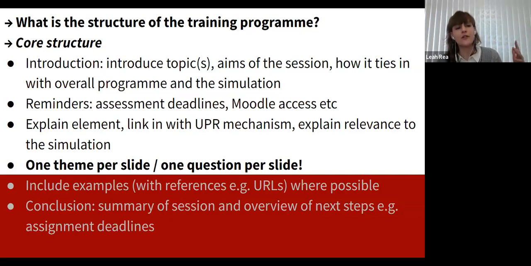You also then should follow up with reminders, have a slide reminding participants of key deadlines that are coming up, if they have to start their assignments, to check in if they can access Moodle, because you will be amazed at little prompts, how effective they can be. Last year, for example, we assumed that all participants could access Moodle.